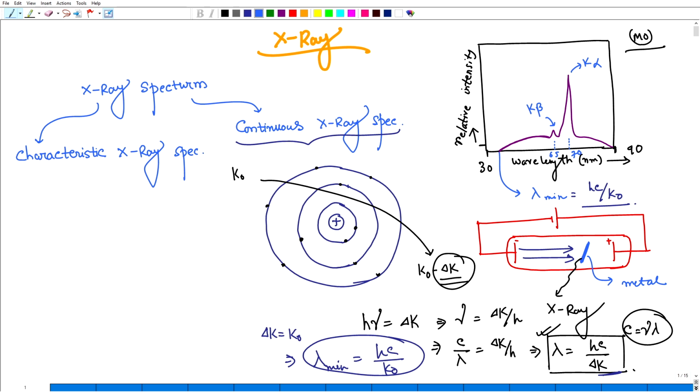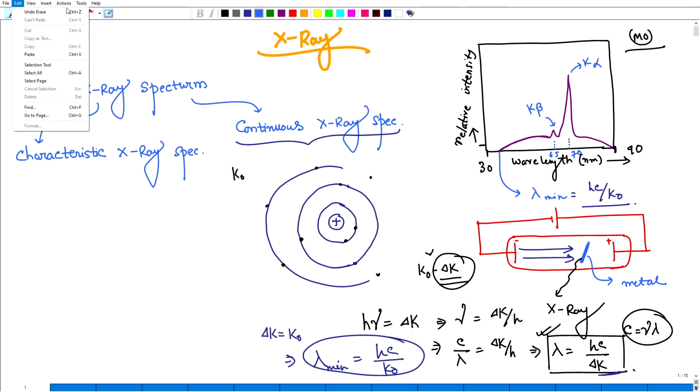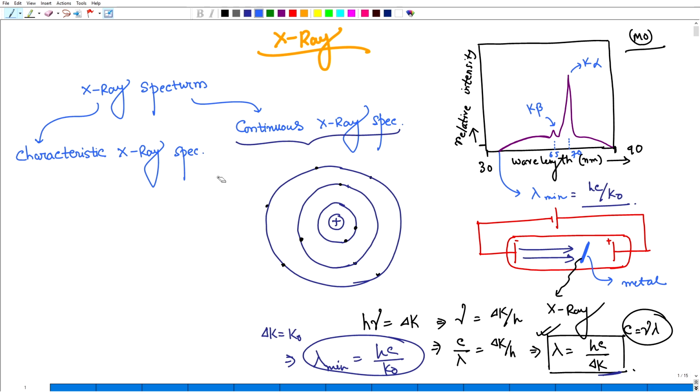So this depends upon the metal characteristic. That's why it's called the characteristic spectrum. Now, what is the reason behind this? Again, let's look at the atomic structure. So this is our atom. When the electron collides with an atom, there are several electrons in the atom, circulating around the nucleus.